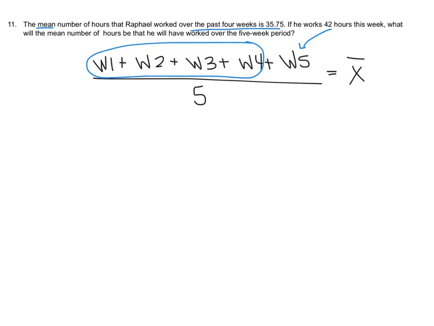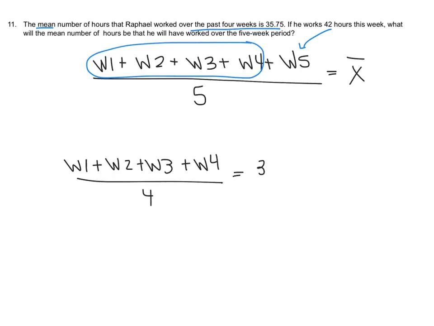So we can find this by using the first sentence or the first piece of information that we're given. So this first sentence tells us that the mean number of hours that he worked over the past 4 weeks is 35.75. That means that week 1 plus week 2 plus week 3 plus week 4 divided by 4 gave him an average of 35.75.